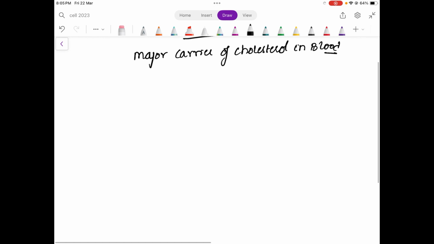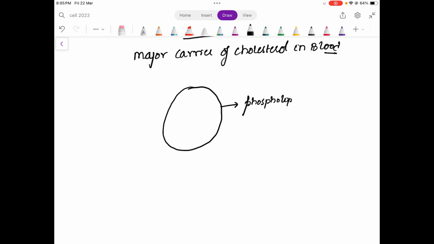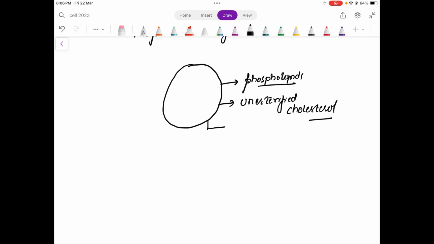This LDL molecule is made up of an outer shell. This outer shell will have phospholipids and unesterified cholesterol, and they will have a protein called ApoB100, and this ApoB100 is recognized by target cells.